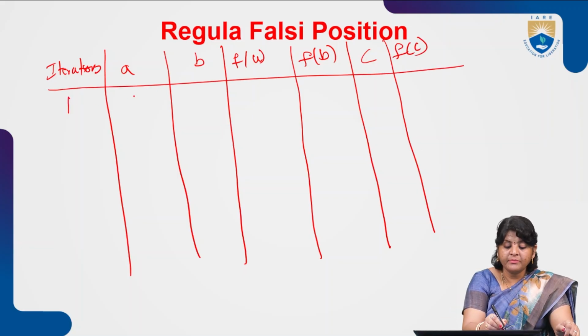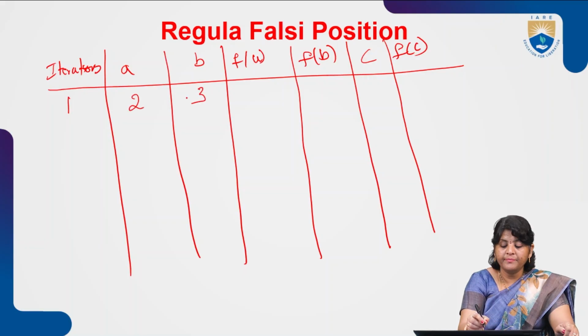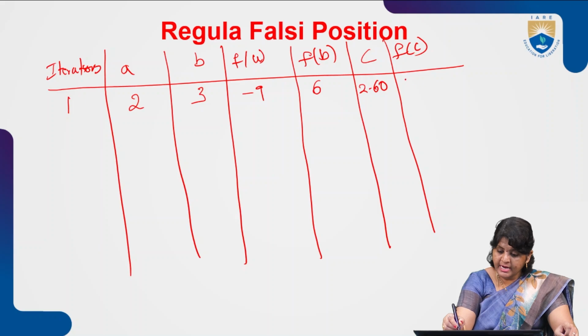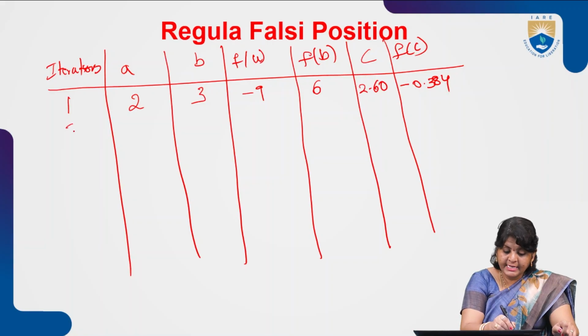So for the first iteration, a is equal to 2, b is equal to 3, f of a is minus 9, f of b is 6, and c is 2.60. I'm taking only 2 decimals, and f of c is minus 0.384. And now, since it is a negative value, we need to change the a value to 2.60 and b as it is.